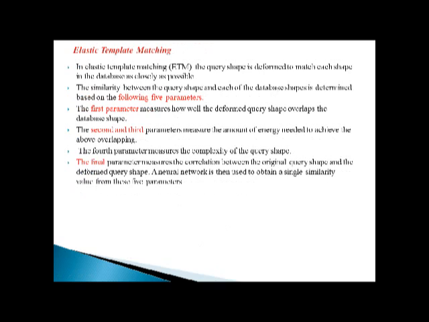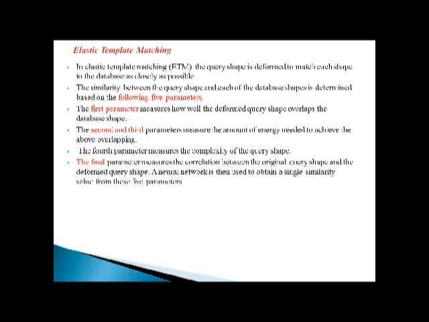The next is related to elastic template matching. So here it is a query with 5 given parameters. The first parameter shows how well the query is being shaped in the database, whether it is being indexed or it is being stored in wherever place it can be.